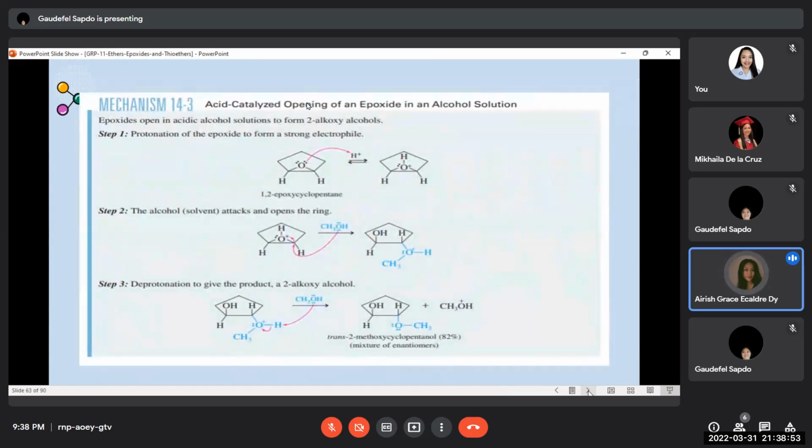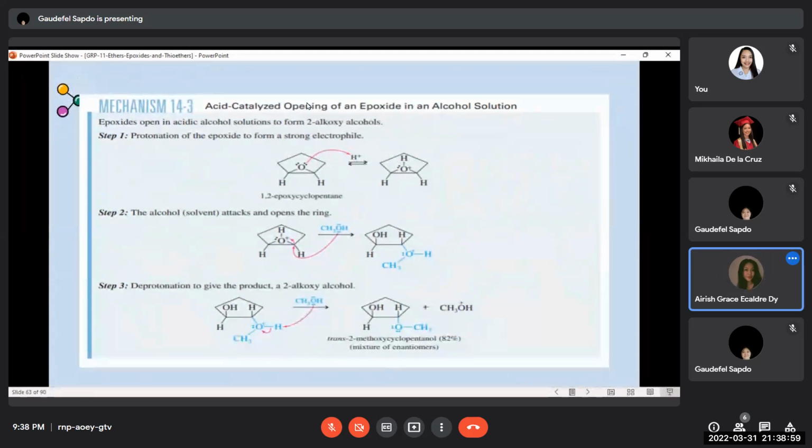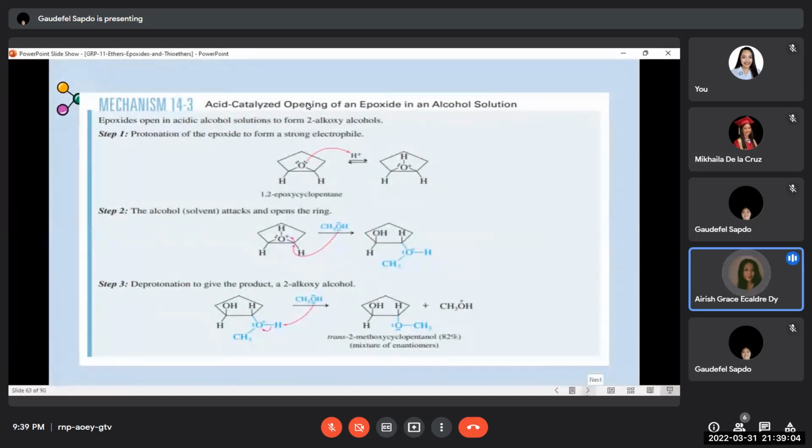So, mechanism of acid catalyzed opening of an epoxide in an alcohol solution. These mechanism steps are like the acid catalyzed opening of an epoxide in water. So we will see the oxygen lone pairs inside this cyclopentane.